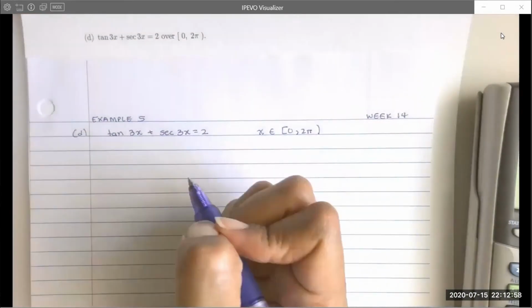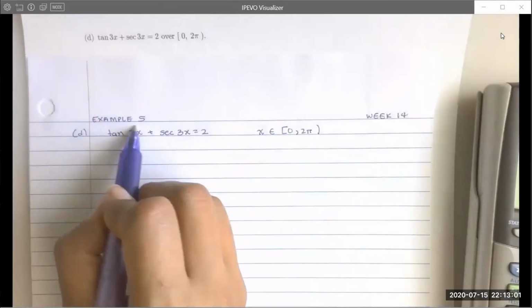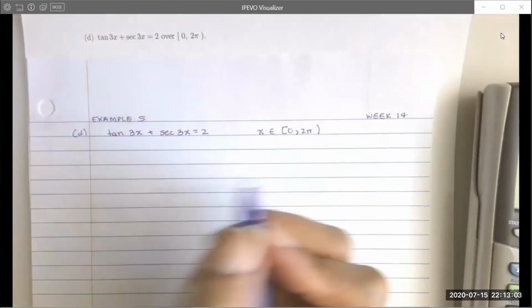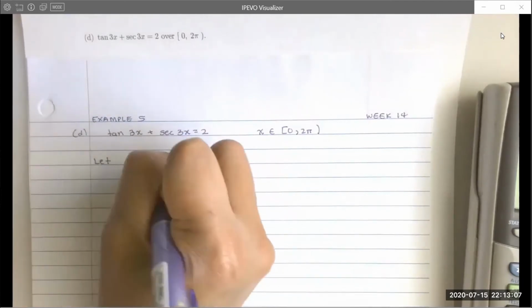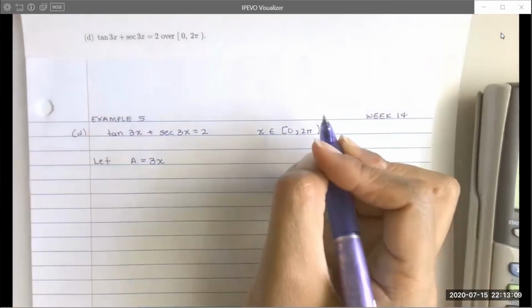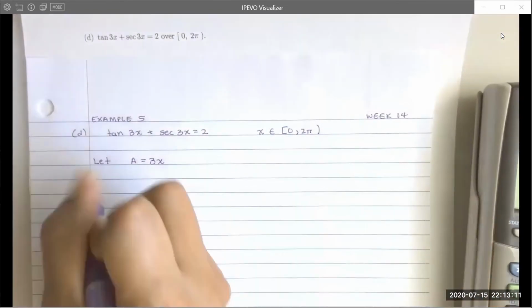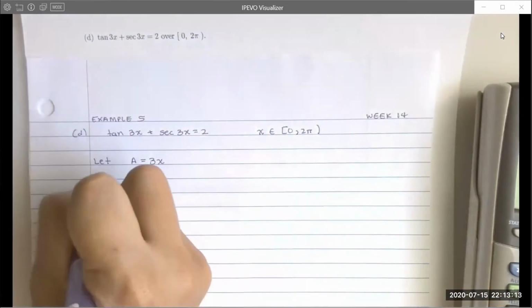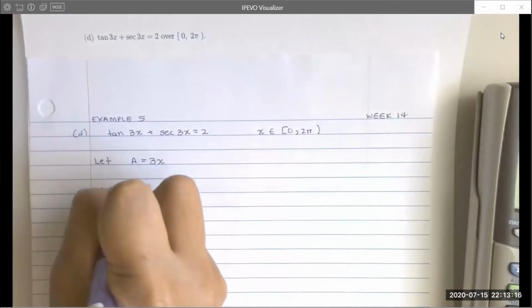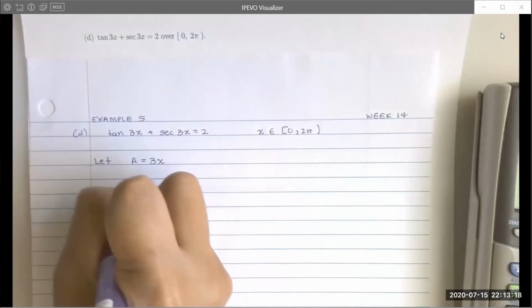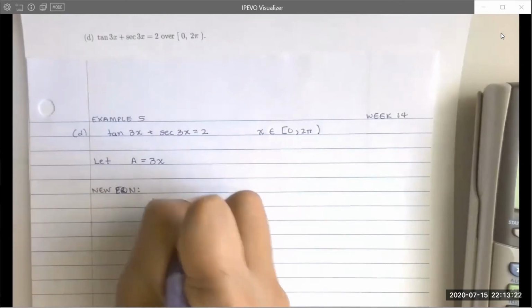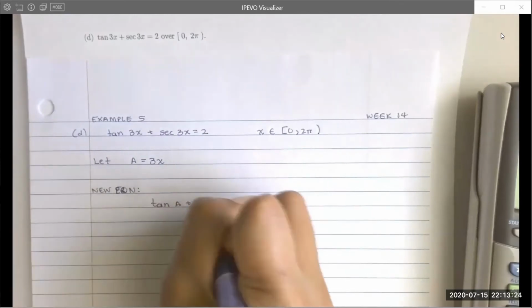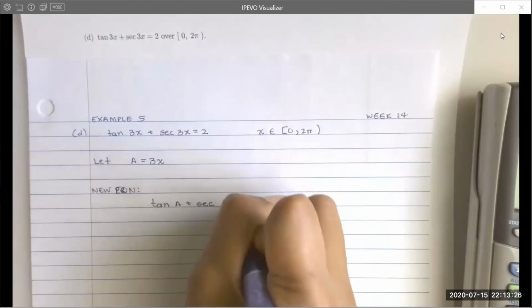Okay, so what I'm going to go ahead and do is, again, replace this argument of 3x by a different variable. I'm going to let a be equal to 3x. So I'm going to be creating a new equation. This new equation has tangent of a plus secant of a is equal to 2.